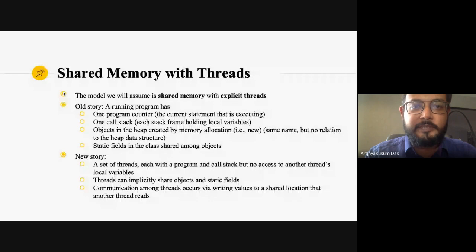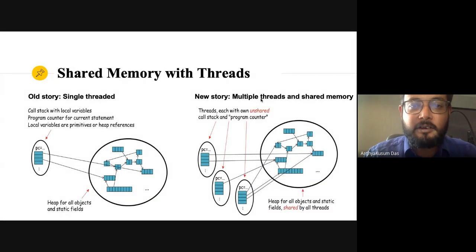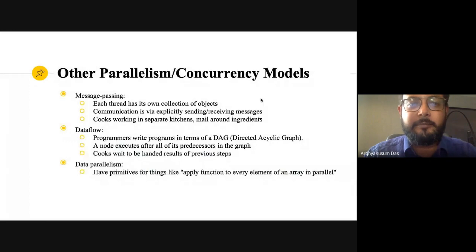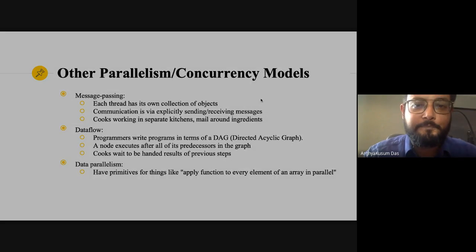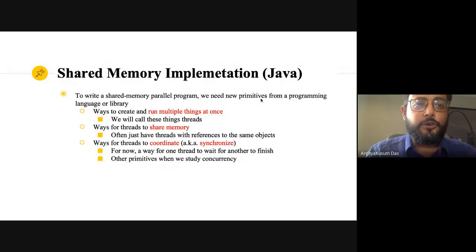Then we also discussed Java programming using the model called shared memory with explicit threads. We also discussed the other parallelism and concurrency models, although we did not see any code example there, and maybe those should be the topic for any other future course.